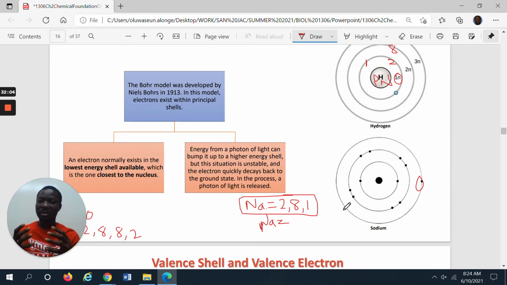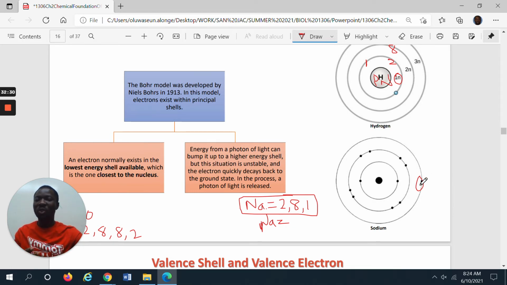Is it balanced? No. Is it stable? No. And that is why you see sodium in most chemical reactions, because it is an unstable element. It is unstable because this shell is able to take 8, but it only has 1.